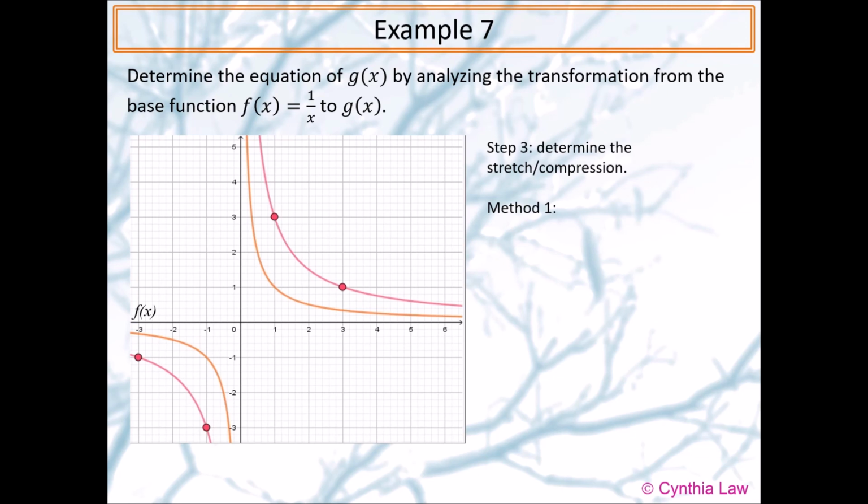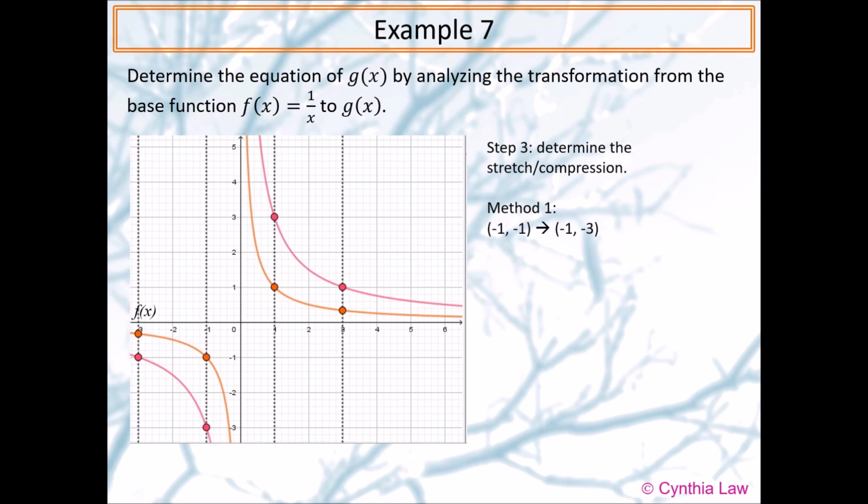So method 1, I can look at it vertically. I'm going to look at the integer points first. Notice some of them are not integers and they're more difficult to read. So I'm going to pick 2 points on the same vertical line that are integers.